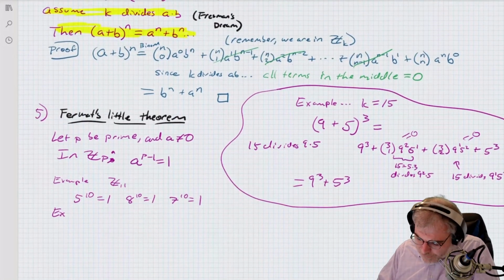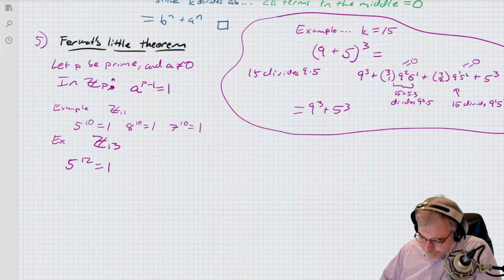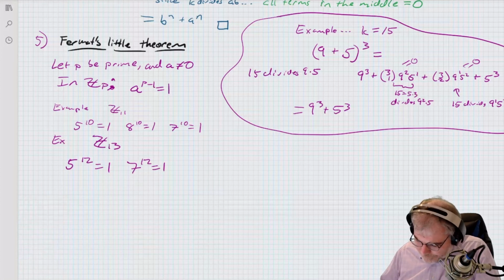So, for example, in Z13, 5 to the 12 equals 1. 7 to the 12 equals 1. But the point is I can mix and match these.